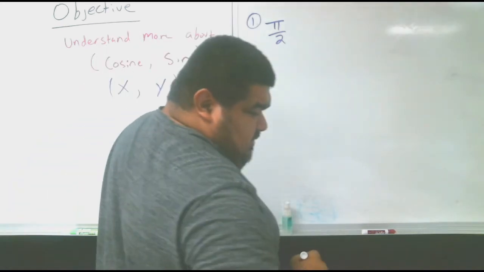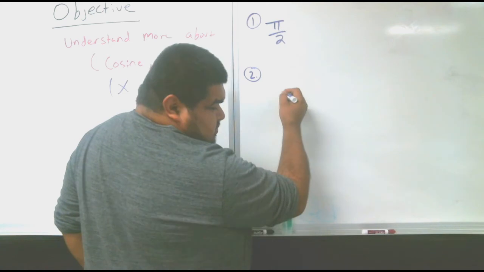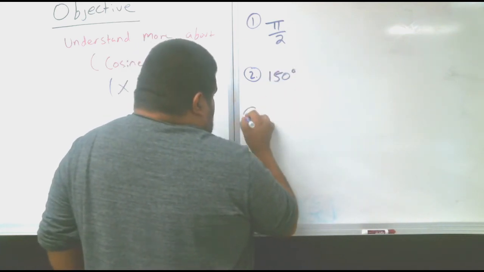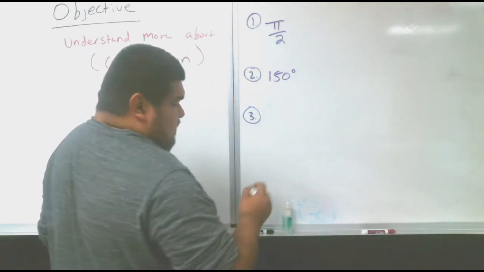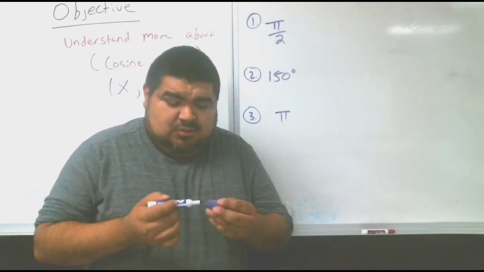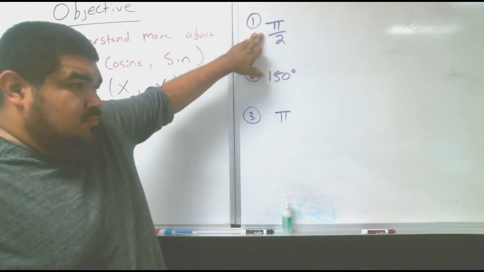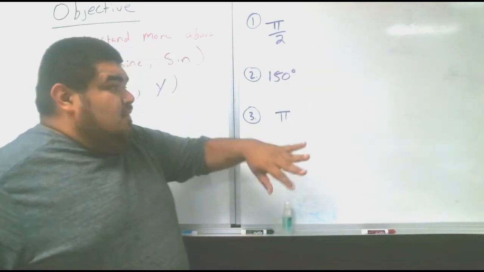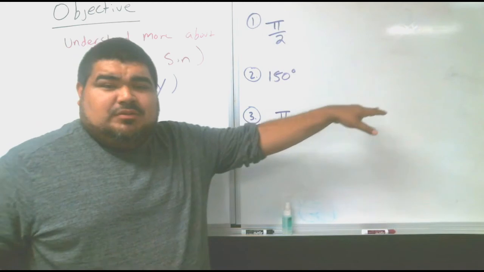Your second one is 150 degrees. And your third one is pi. So on these three, on pi over 2, find cosine and sine, for 150 degrees, cosine and sine, and then for pi, what is cosine, what is sine.